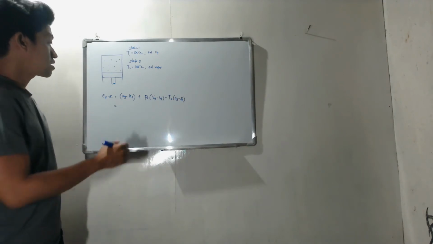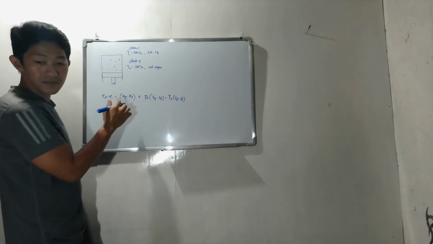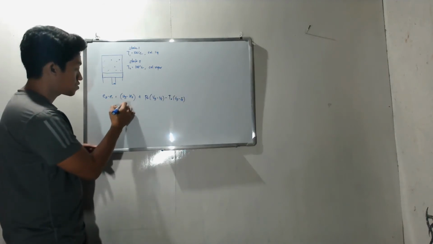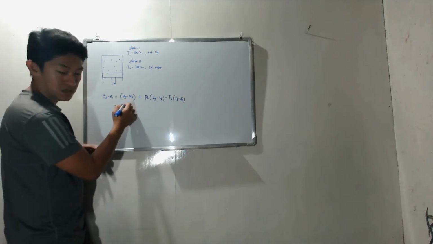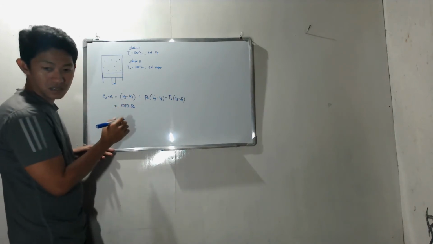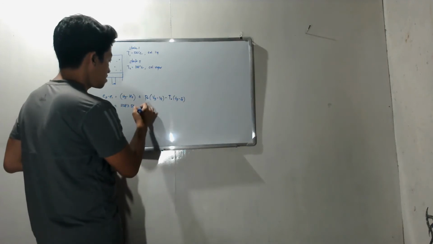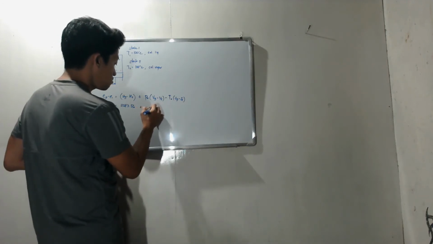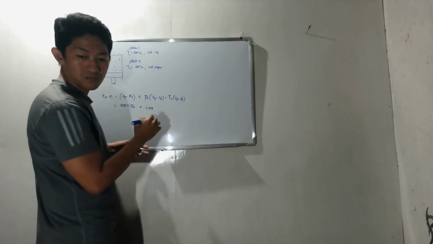Okay, this one Ug minus Uf is equal to 2087.56, plus 1.014 bar.